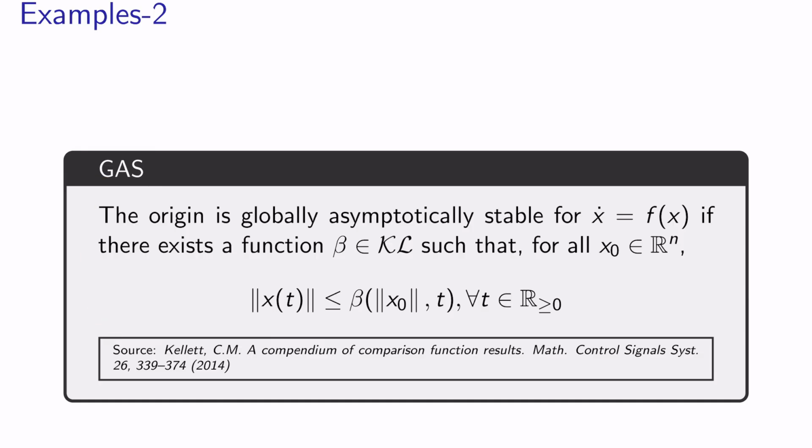The origin is globally asymptotically stable for a given autonomous dynamical system if there exists a function beta of class KL such that for all initial conditions, the system needs to have that property.